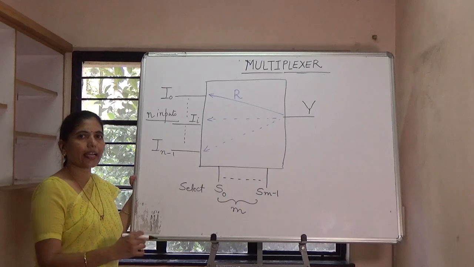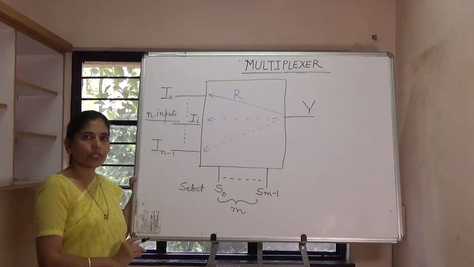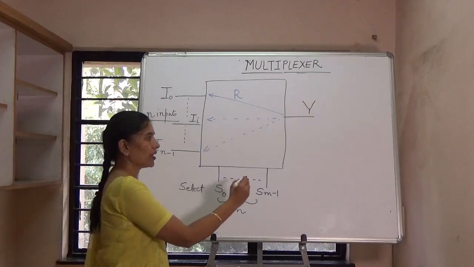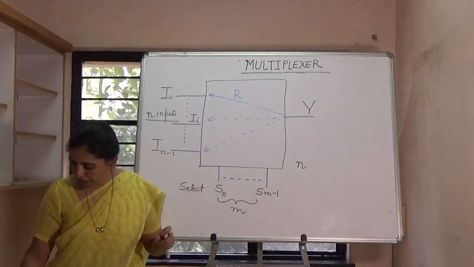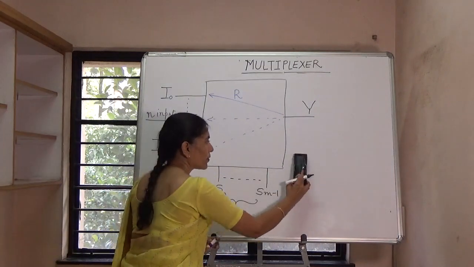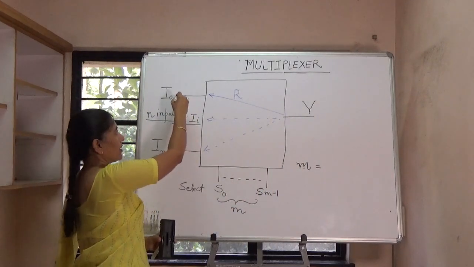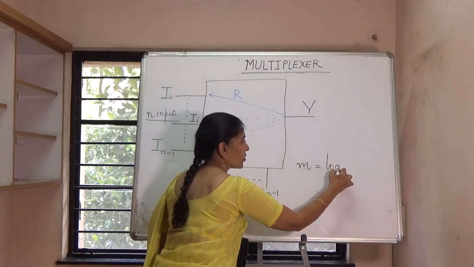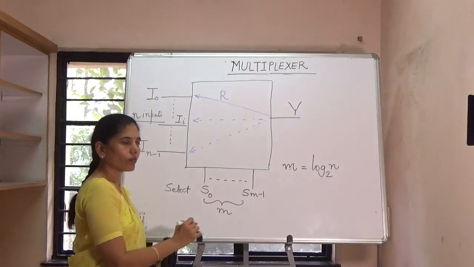Now how many select lines would be required to choose one of the inputs at any given time? This can be decided by a relation: the number of select lines, m, can be obtained from the number of input lines by taking the logarithm of that number to the base 2.